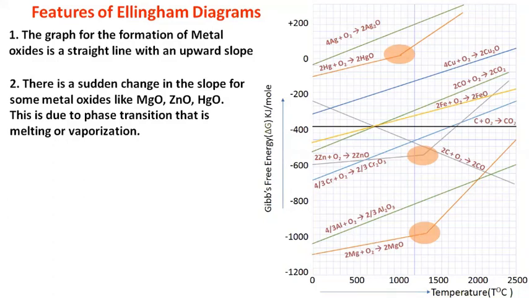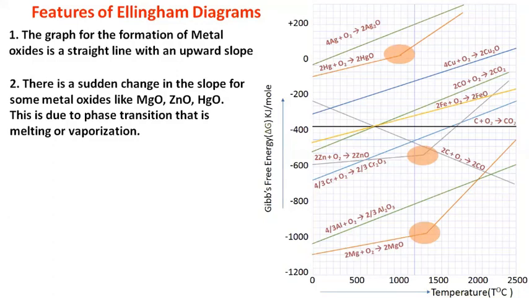Generally, after the formation of metal oxides, as the temperature increases, at those particular temperatures, there may be a change in the phase. We call it a phase transition. Phase transition means solid converting into liquid phase, or liquid phase converting into vapor phase or gaseous phase. That is called phase transition.